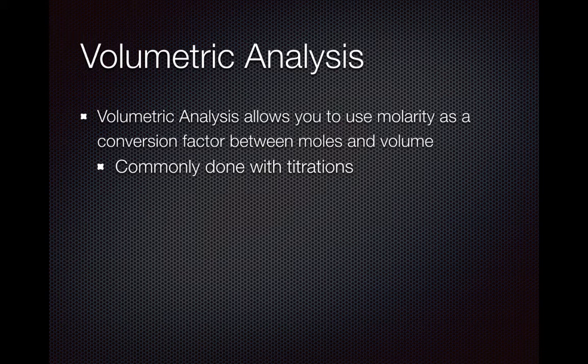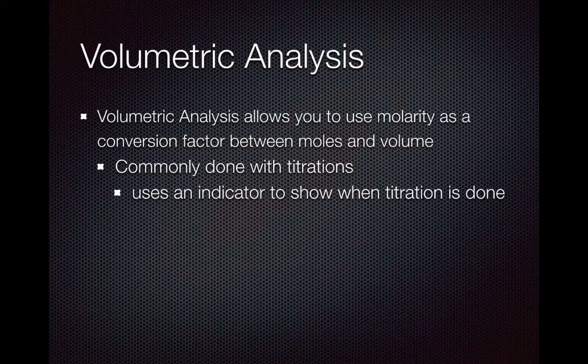And when we're doing titrations, we use some sort of indicator to show us when a titration is finished. And when that titration is done, we are at something called an equivalence point, where our moles of base and moles of acid, or moles of H plus and moles of OH minus, are equal to each other, and we call that an equivalence point.